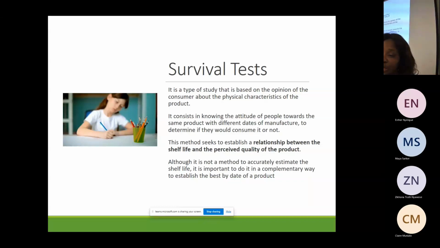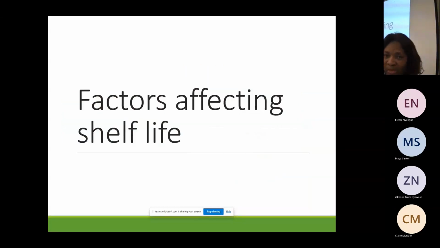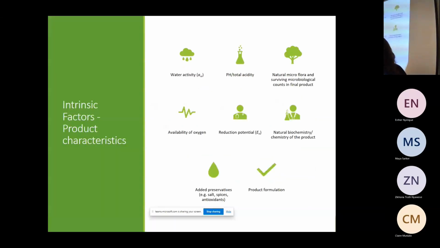It consists of knowing the attitude of people towards the product. It also determines who will consume it or will not consume it. So the method seeks to establish a relationship between the shelf life and the perceived quality of the product. Hence, because it is using perception, it tends to be consumer focused.